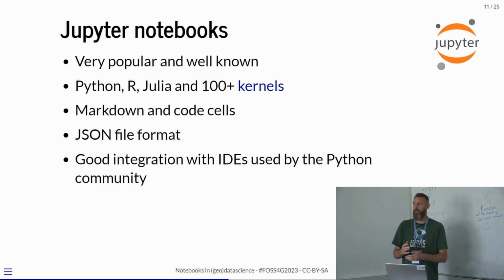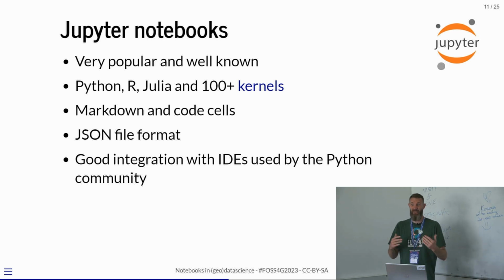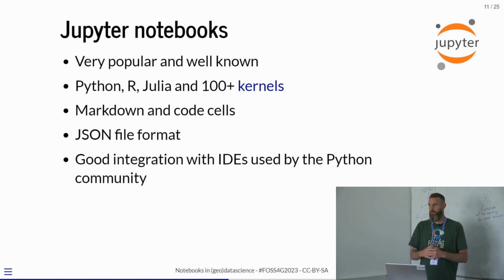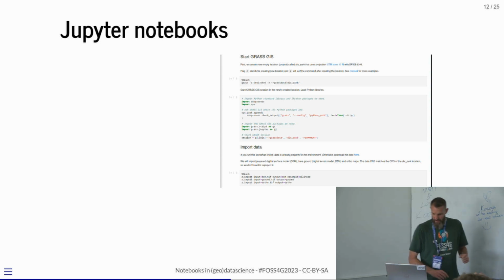There is very good integration with VS Code or PyCharm, because actually Jupyter notebooks are not really good IDEs. They are trying to help you write Python code, but they are not as good as VS Code or PyCharm might be.